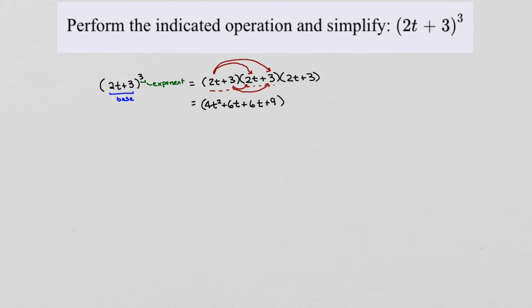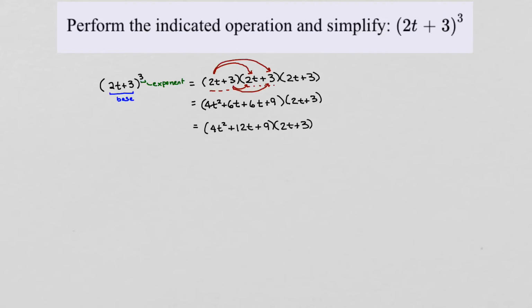So when we expand (2t + 3) times (2t + 3), we get 4t squared + 6t + 6t + 9, or simplified, 4t squared + 12t + 9 times the quantity 2t + 3. Phew! All right, well, we're almost done.